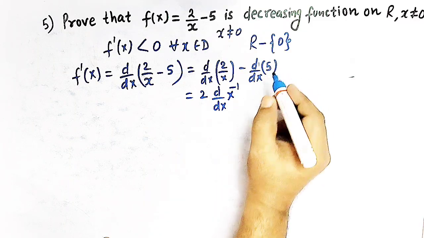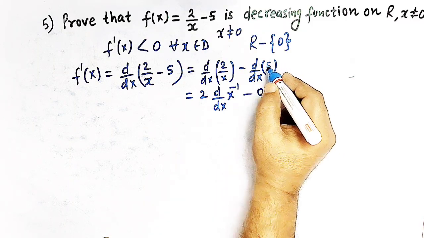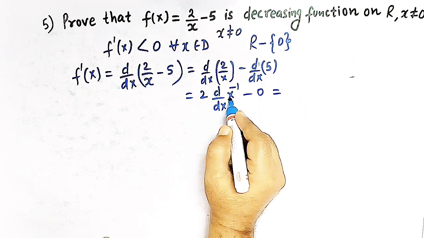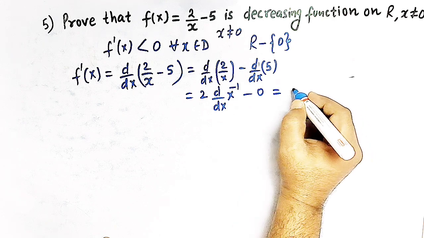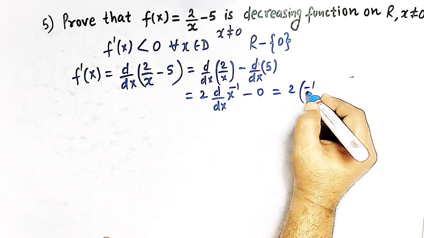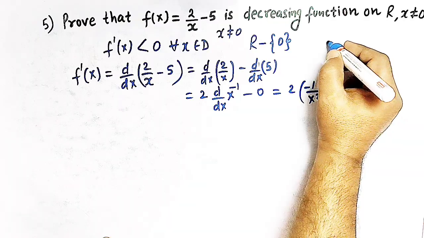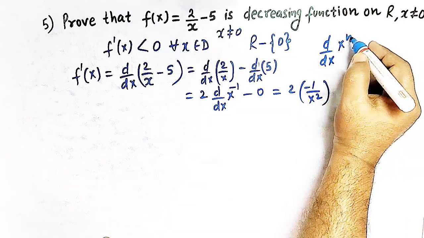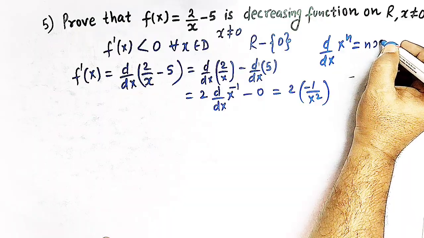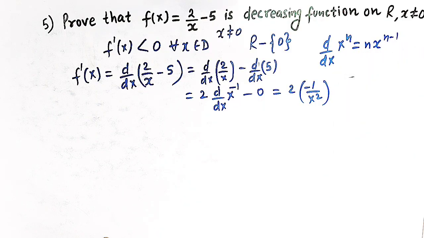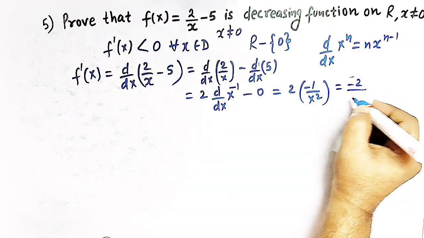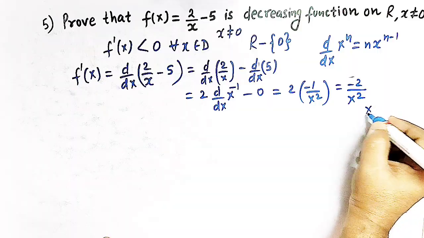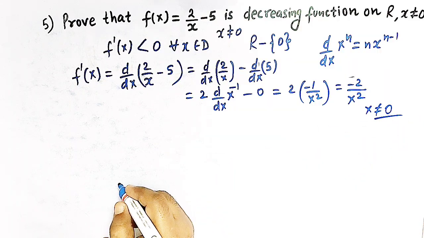Here the derivative of 5 is 0, being a constant, because the derivative of a constant function is 0. And here the derivative of x raised to minus 1 is given by minus 1 over x square, using the power rule. That is, the derivative of x raised to n is given by n x raised to n minus 1. So here we have minus 2 over x square, and obviously here x is not equal to 0.